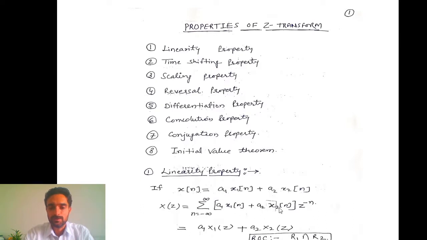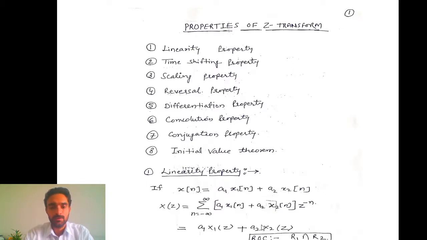If we take the Z transform of this combination of two signals, then you have X(z) equal to the sum from n equals minus infinity to infinity of the combination of the two signals times z to the power minus n. So we can break this summation: a1 x1(n) multiplied by z to the power minus n gives X1(z), and x2(n) z to the power minus n gives X2(z).